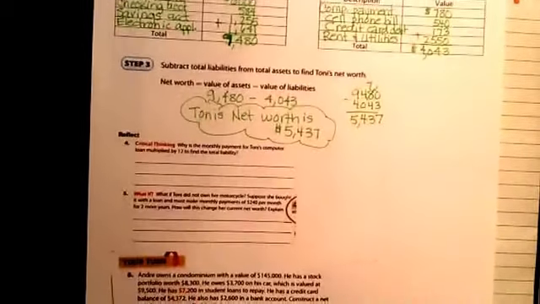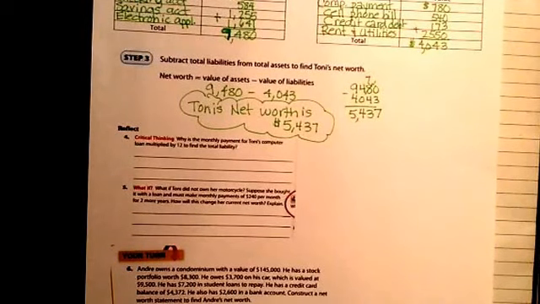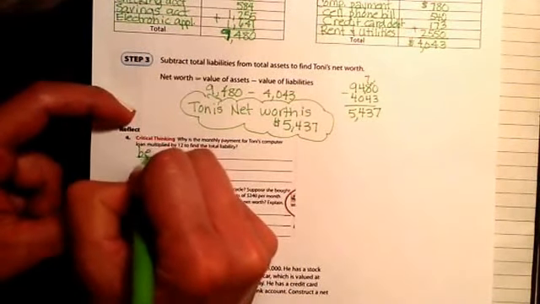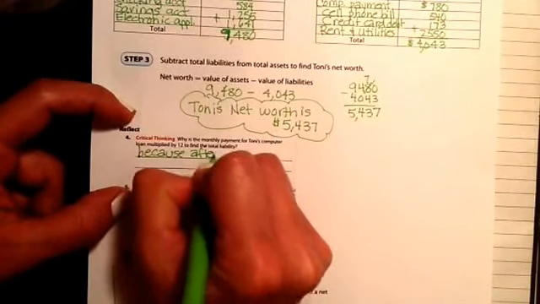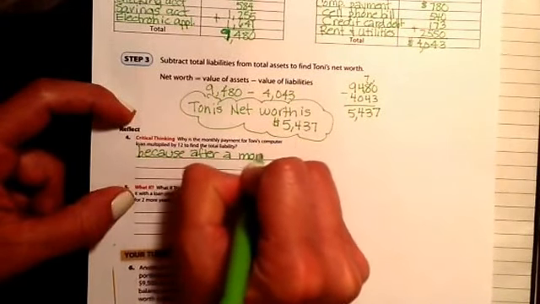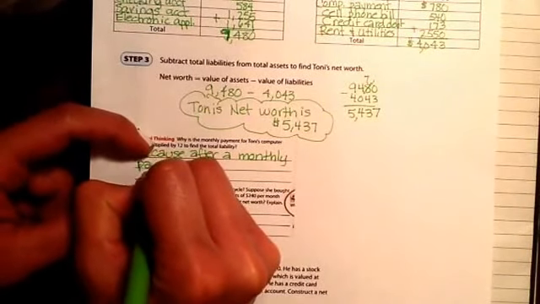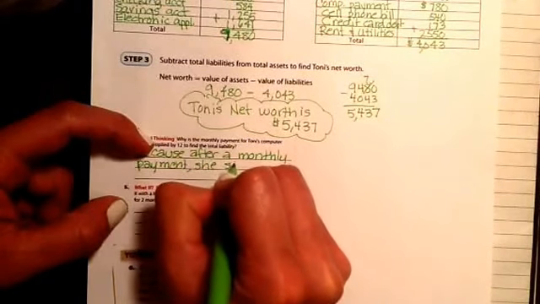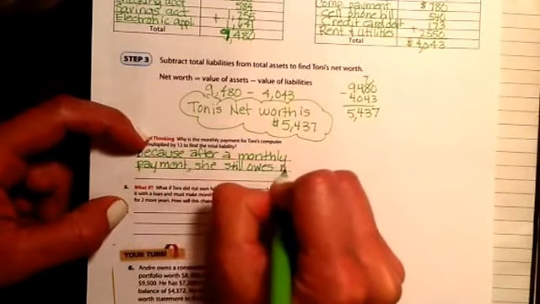On the reflection, it says, why is the monthly payment for Tony's computer loan multiplied by 12 to find the total liability? Well, we're going to say because after a monthly payment, she still owes money on it.